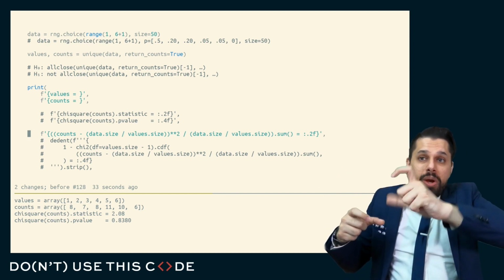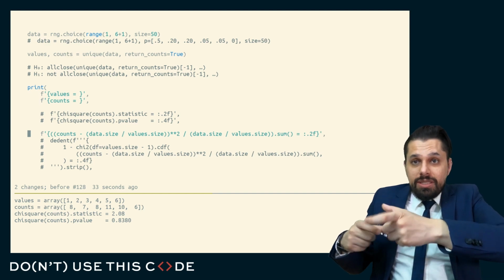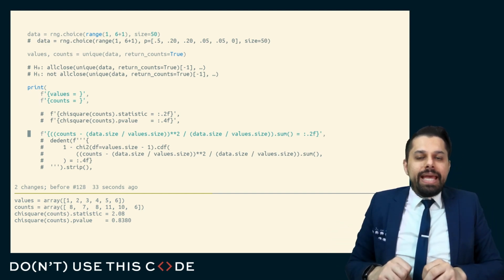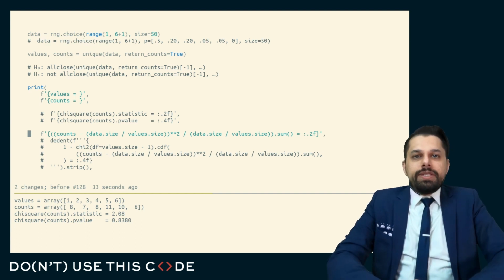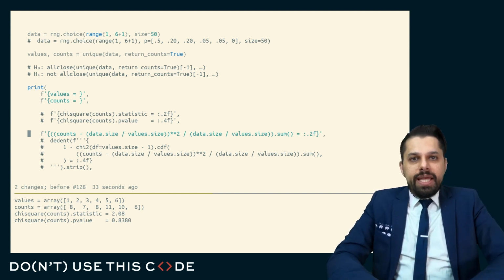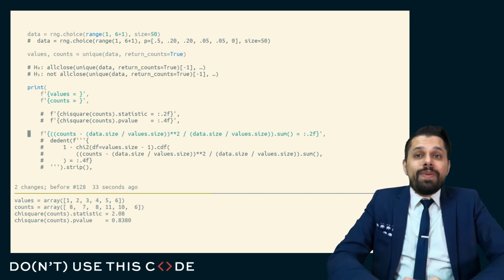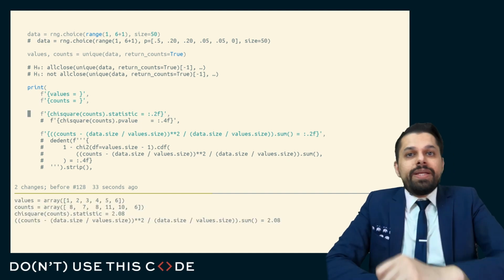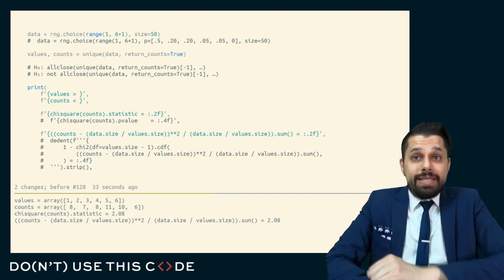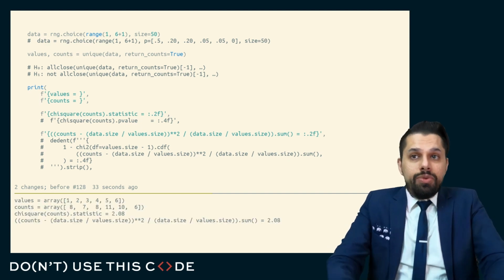I take that and I square it, so I'm looking at the squared distance from my mean count or my even count, and then I normalize this by the expected count. I look at the sum of that, and that's my test statistic. And if we try to tie out my SciPy test statistic against my test statistic here, you can see they tie out exactly. This is just how this is computed.